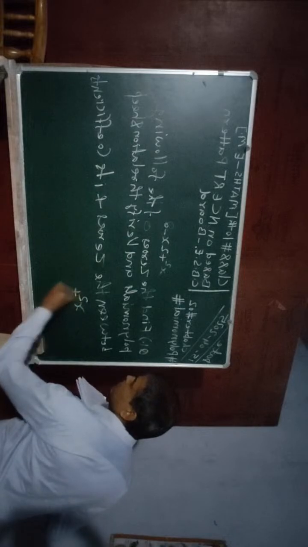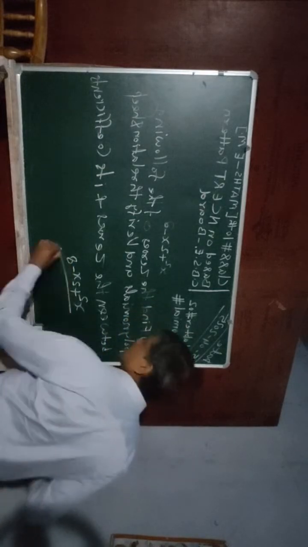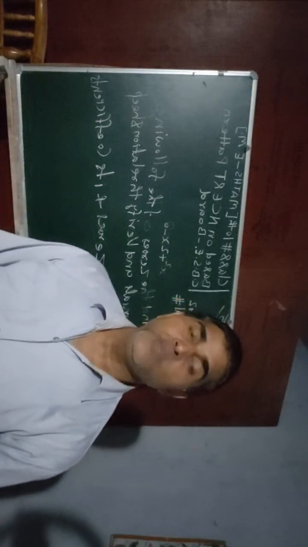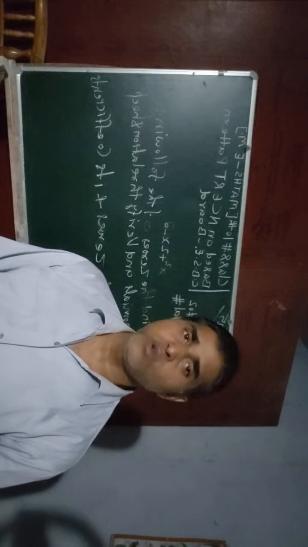Now one example I am going to take. One polynomial is x square plus 2x minus 8. This polynomial has been given in this question. We have to find the zero values of this polynomial.